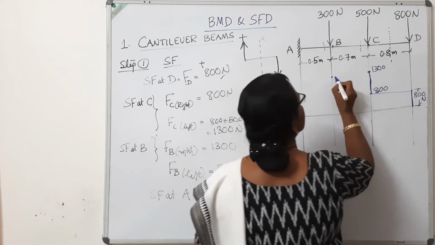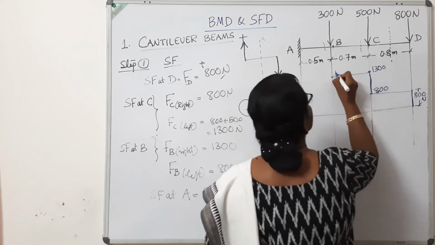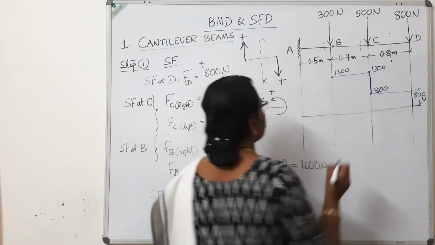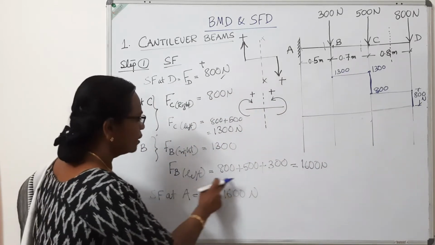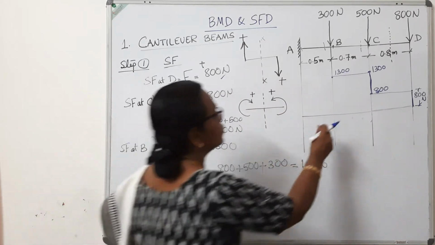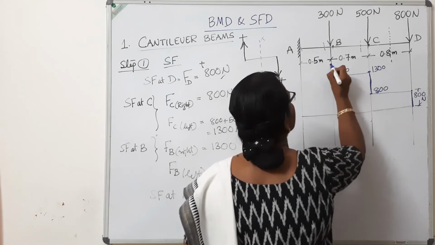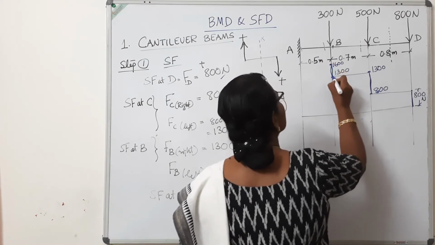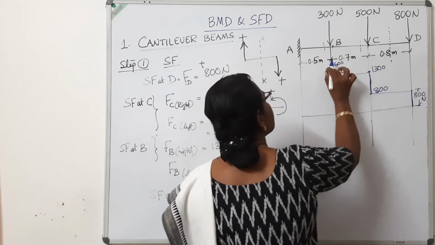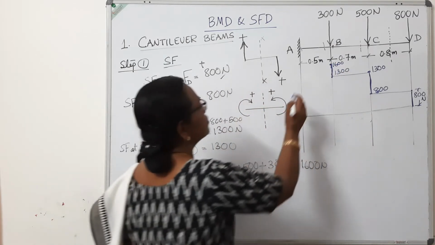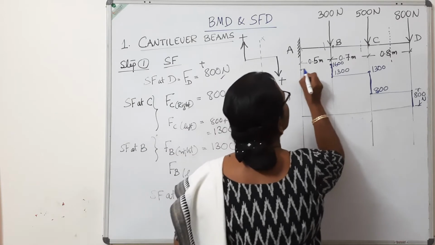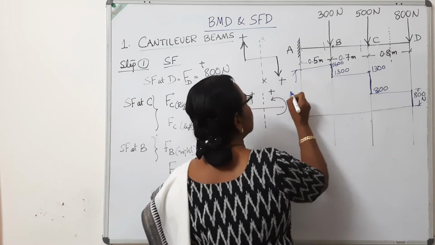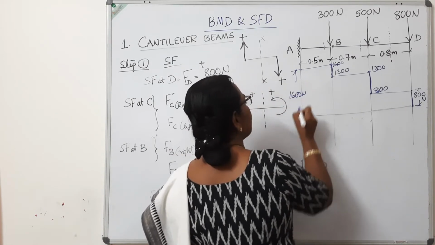From here to here 1300. So just connect them. Then at the point B, again you mark 1600. So from here you mark 1600. Connect it. At the point A, 1600. So this is 1600 from the base.